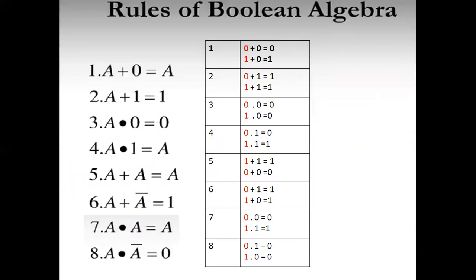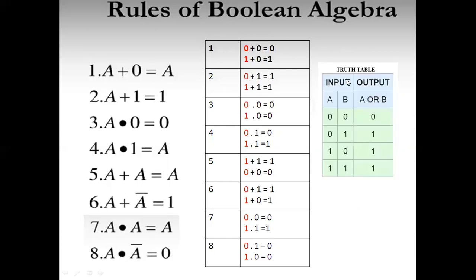Rules of Boolean algebra. A plus 0 is equal to A. Let's validate this. Where A is a literal or variable, it may have a maximum of 2 logic states, either 0 or 1. Here I have taken A equal to 0 at first instance and A equal to 1 for all the 8 laws. I am going to prove it using the OR operation. This is the OR gate truth table, and I want you to recollect it.